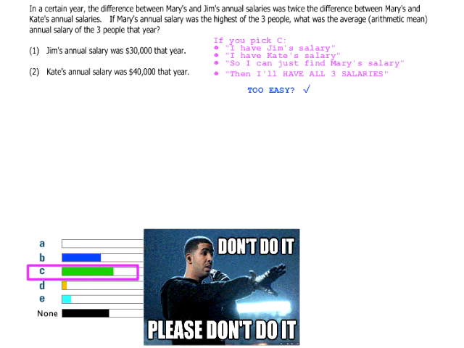Too easy is kind of a subjective criterion, but if you don't have a sense of what too easy is, then go to the problems in the very beginning of the official guide and look at them, because even those problems are not going to be anywhere near as easy as C would be here. C would be just like, okay, there's a $10,000 difference, so therefore Mary makes $40,000 plus $10,000. That's much easier than anything in the very, very beginning of the OG.